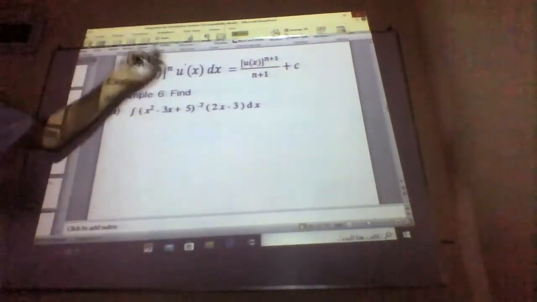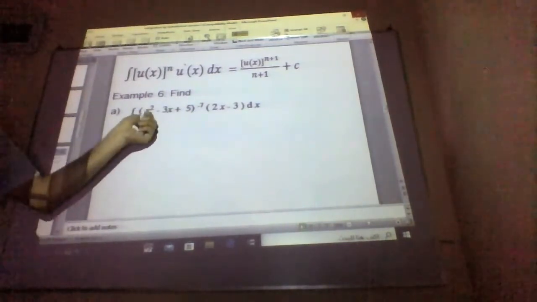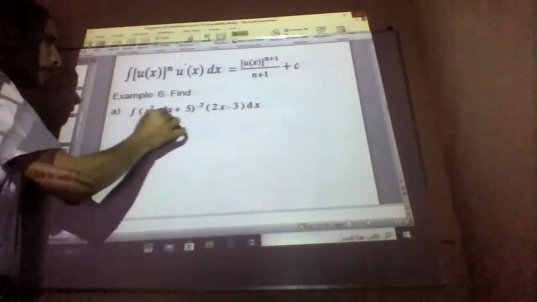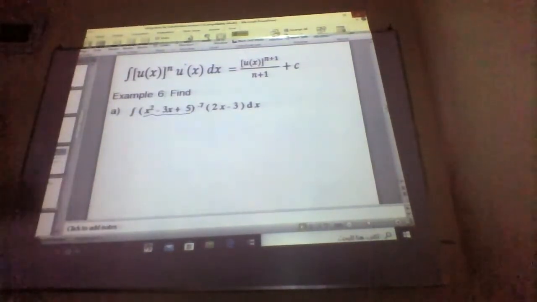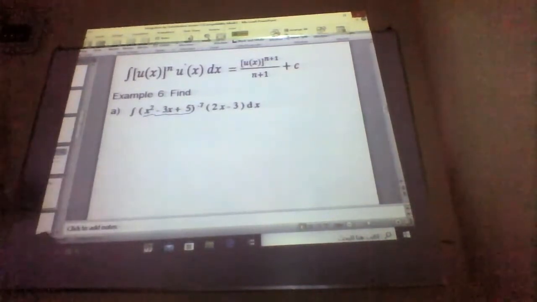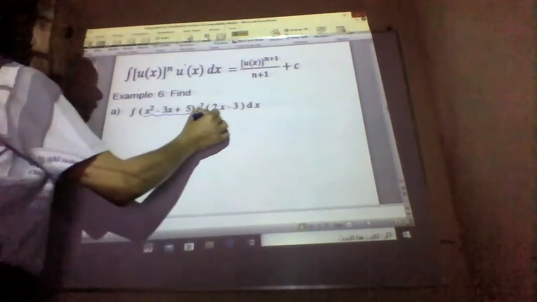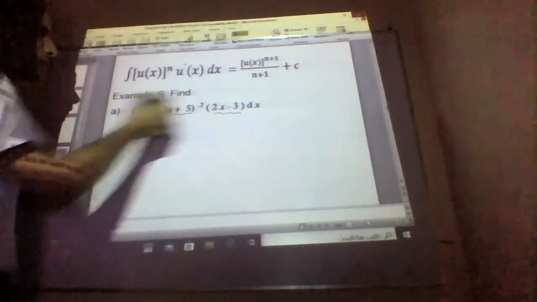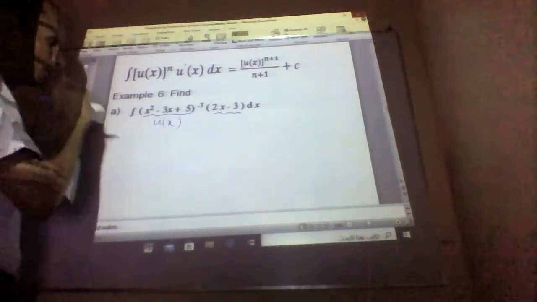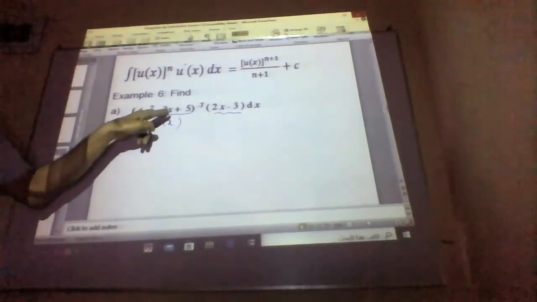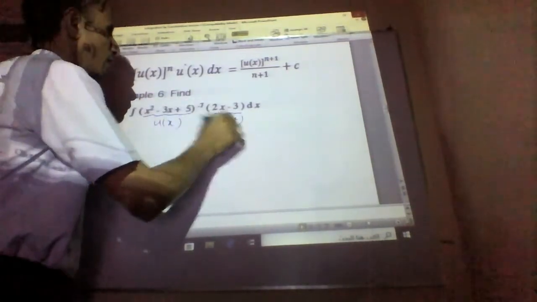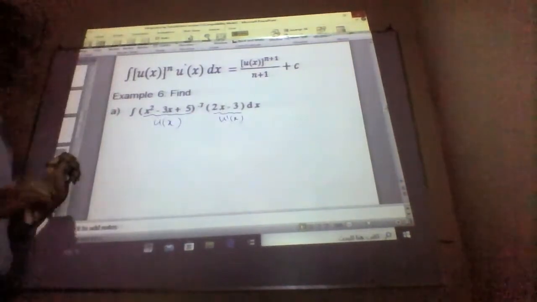Applying this rule to another example, we have x power 2 minus 3x plus 5, whole power -7. This function is a second degree function in x, and it is differentiable because it is a polynomial. Putting u of x equal x squared minus 3x plus 5, the derivative u dash of x is 2x minus 3.